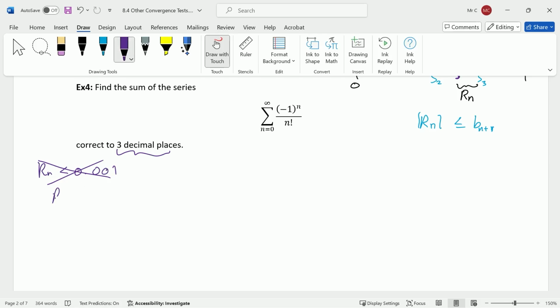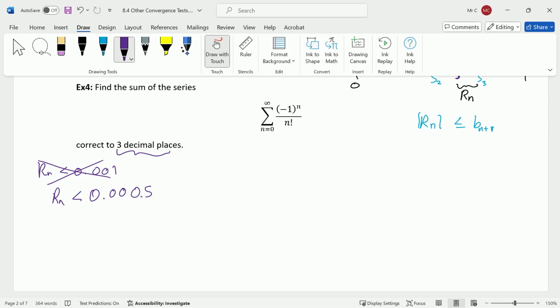What I mean is that my error is less than 0.0005. And the reason for that is that if the error is less than 0.0005, I won't round any digits in the 3rd decimal place. So when I say correct to 3 decimal places, I go that extra decimal place out and put a 5 so that there's no rounding error that gets accumulated on the 3rd decimal place.